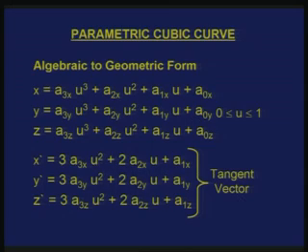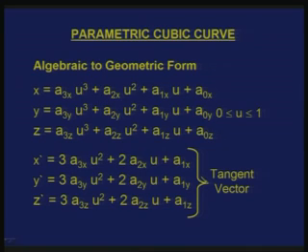In geometric form, this is a way to go from algebraic to geometric form. So, this is the algebraic form which we just saw in our previous slide. Now, I will differentiate this particular curve with respect to the parameter u. If I differentiate the 3 curves, I am going to get these 3 equations, which are basically the differential form.